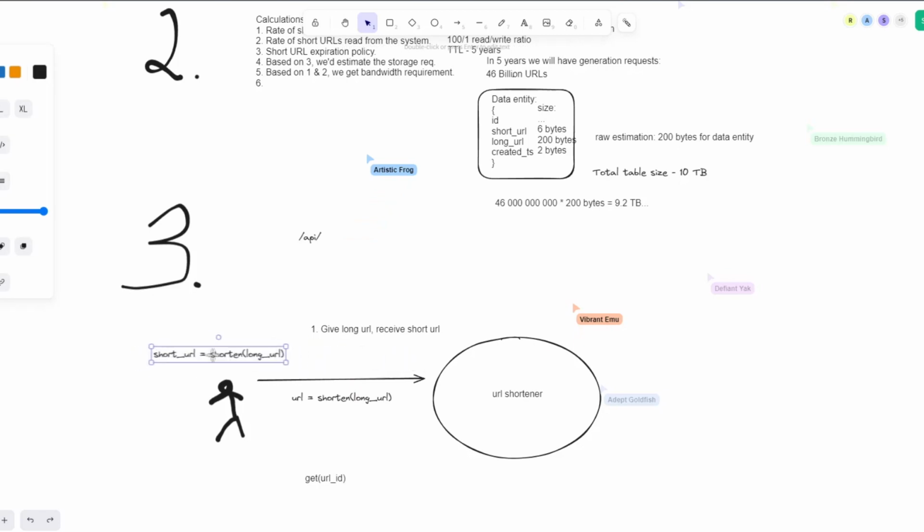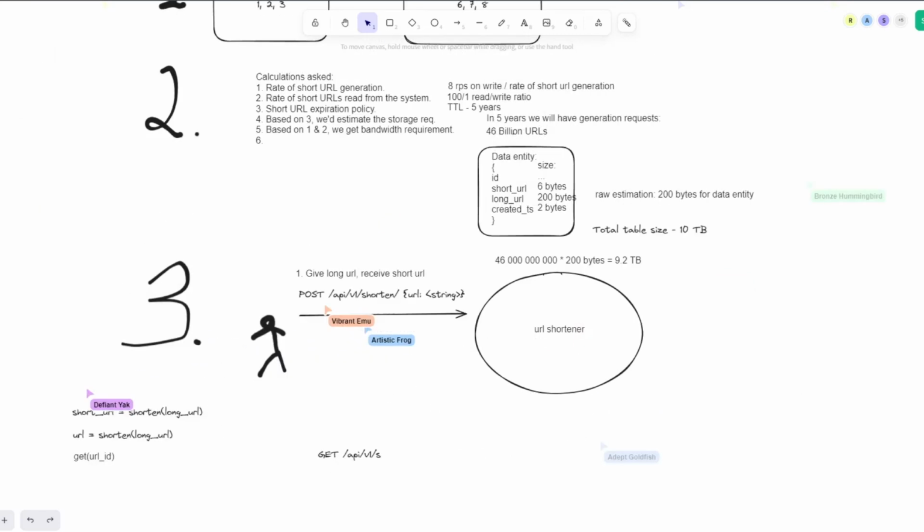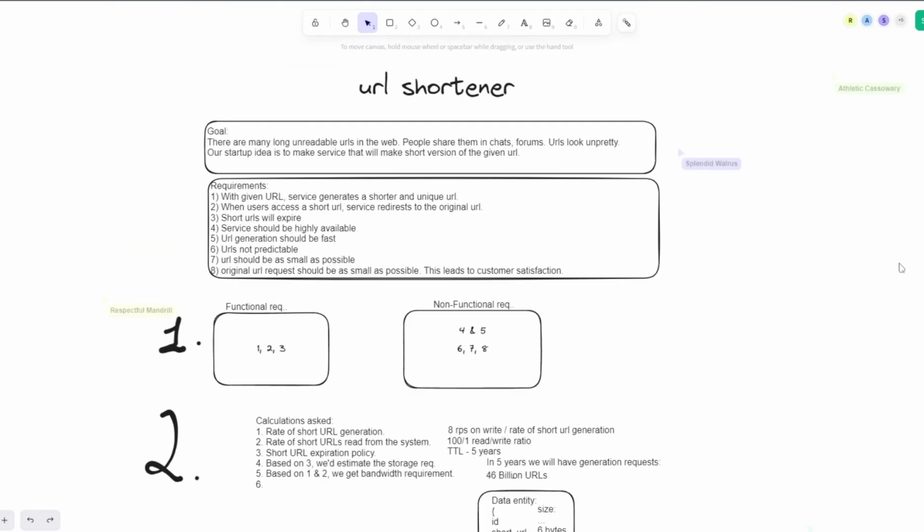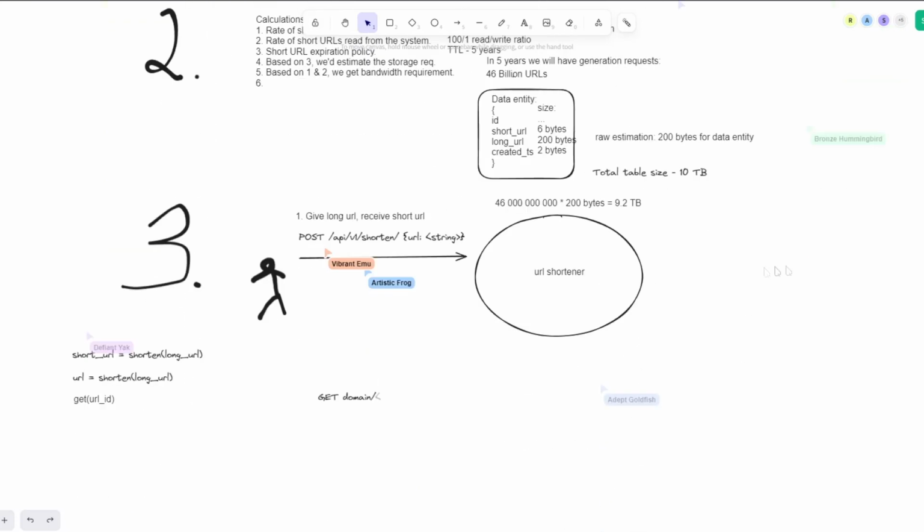That's great. So we provide our short URL. Yes, this would be like /url/ whatever is our 6-digit ID.